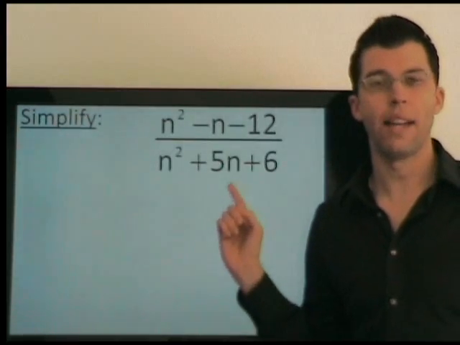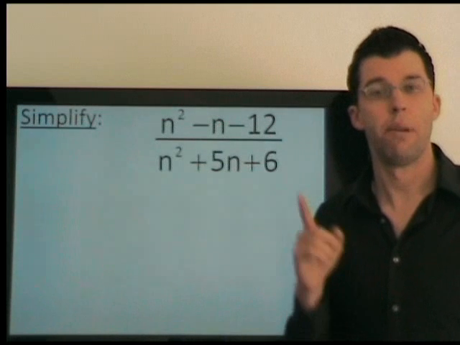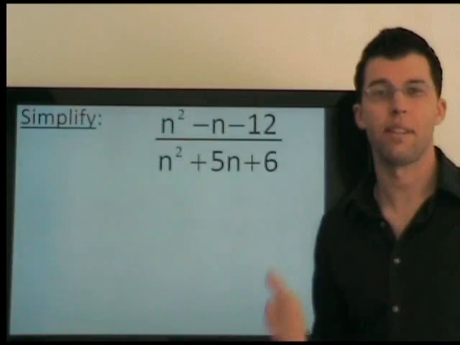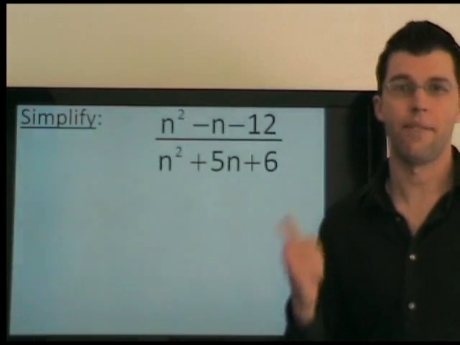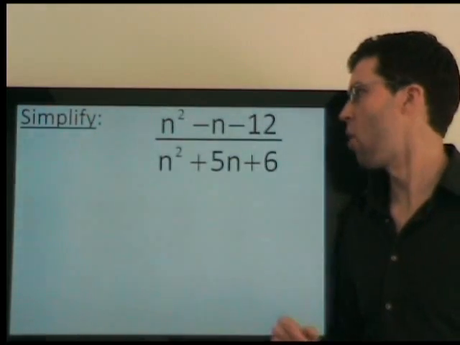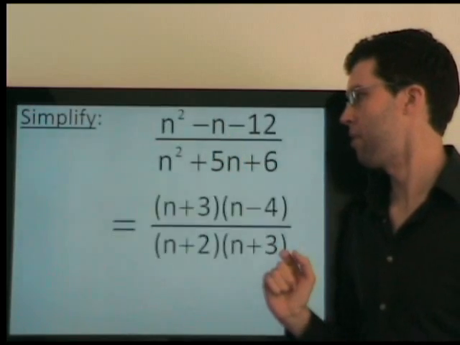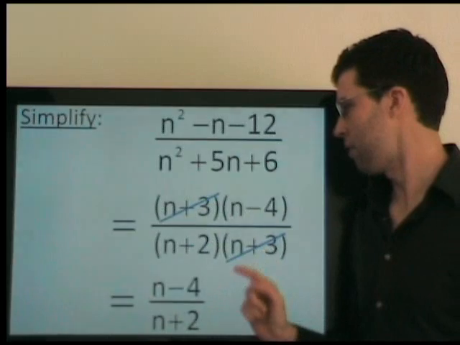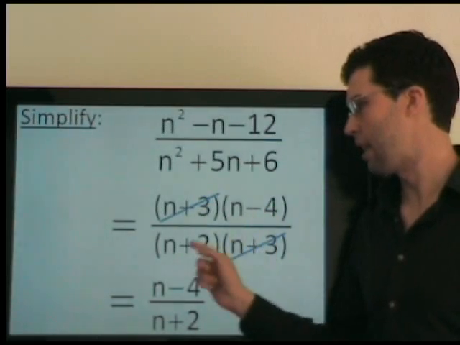Now, you probably don't know how to do this if you're watching this video, but that's okay. I just want you to understand that for fractions in general, to simplify fractions, we factor and cancel. So we factor these expressions. We notice the same factor here and here. We cancel, and what's left is our answer.